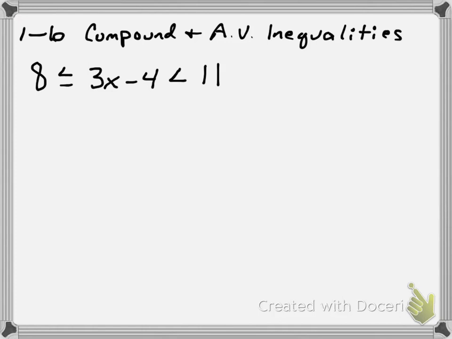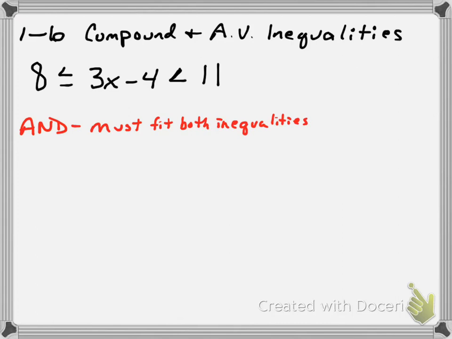The 3x minus 4 has to be less than 11, and it has to be greater than or equal to 8. 2 things going on at the same time. So 2 different things have to be true for the x mystery number to work.